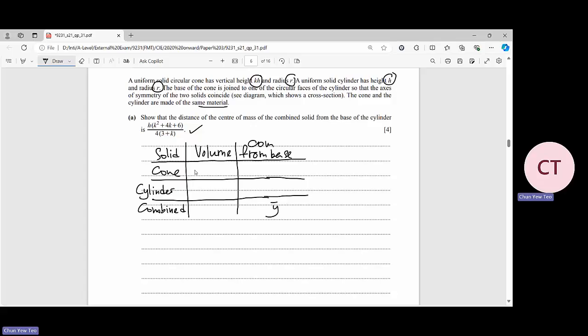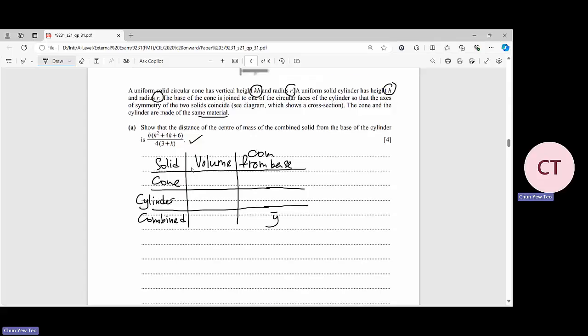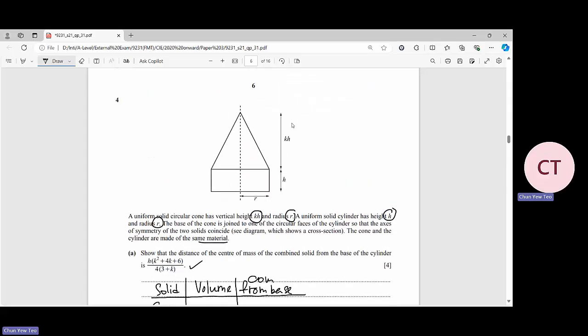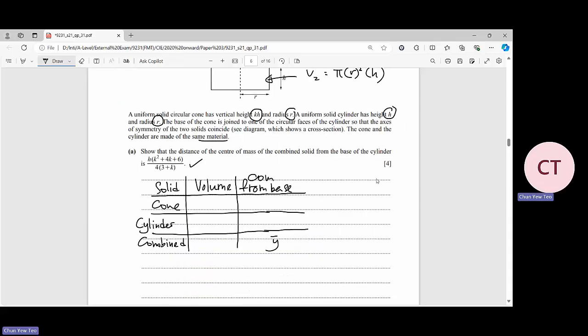First of all, the volume for the cone. Volume for the cone, V1, is actually the 1/3 pi r squared h. The volume for the cylinder is pi r squared h. Okay, so over here we can just write it as 1/3 k pi r squared h.